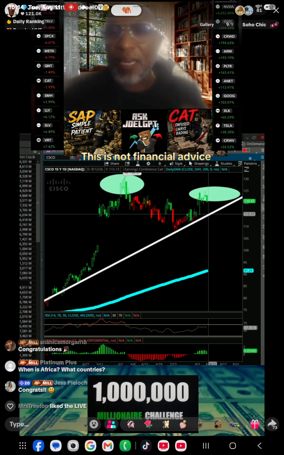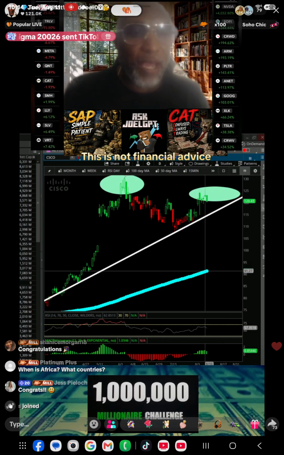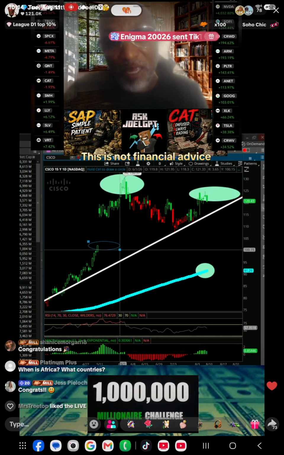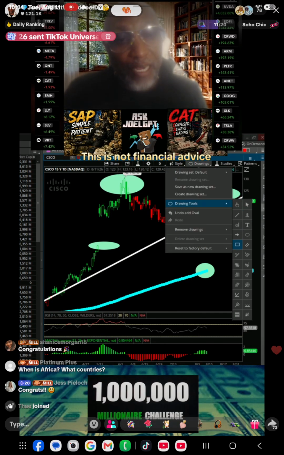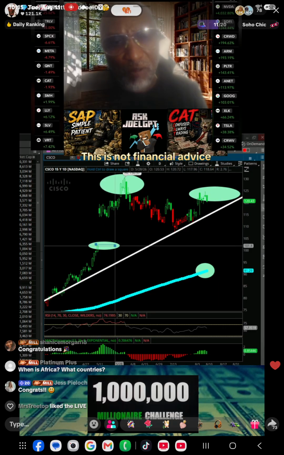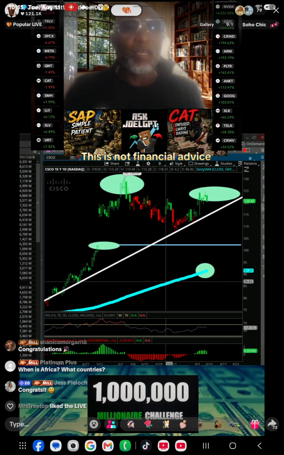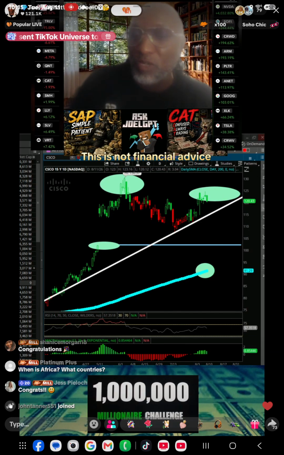If it breaks this trend line, it doesn't mean it's the end of the world. It's probably going to drop down to this 200 day, which is here. And there's a gap to fill right here. So it never filled its gap. 80% of gaps fill. It hasn't filled the gap at the $100 strike. So I wouldn't be surprised if Cisco goes back to $100.